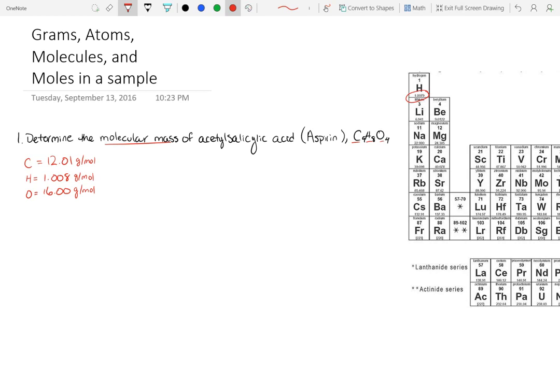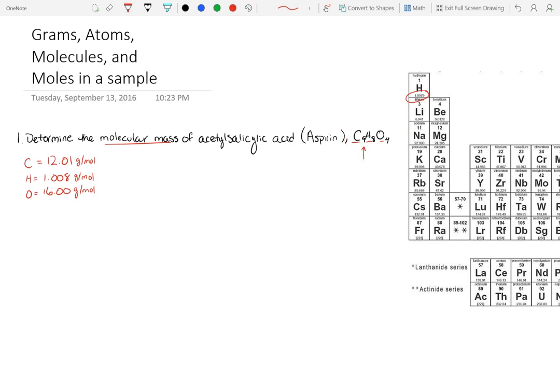Okay, so now that we have the mass per 1 mole of each of these atoms, we have to determine how many moles we actually have within this compound, or this molecule. So you see here we have 9 carbon atoms, as indicated by the subscript right here, right? So we have 9 moles of carbon actually in 1 mole of this entire thing, right?